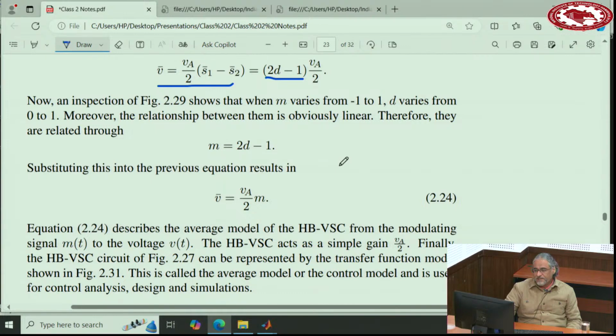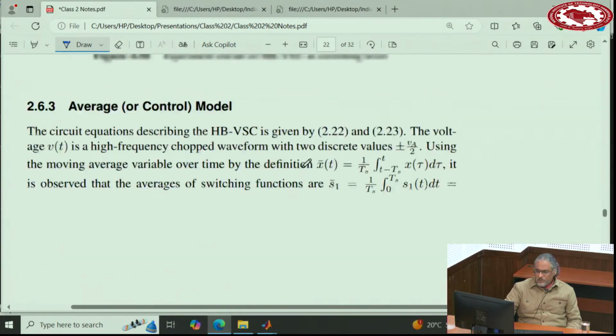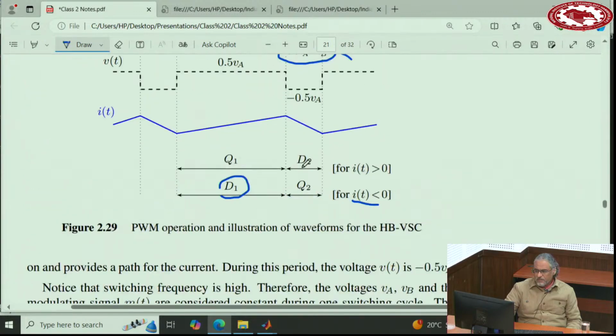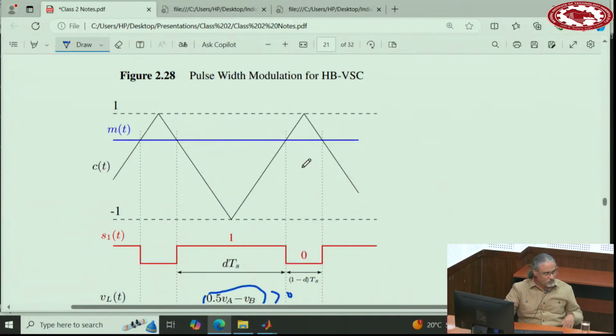Right? And now here is the point. When you use this modulation with these numbers, and this is the point I told you, if you don't choose negative 1 and 1, you have to fix this at this point. When I change M from negative 1 to 1, my duty cycle changes from 0 to 1. So M and D are no longer equal, but this change is linear.